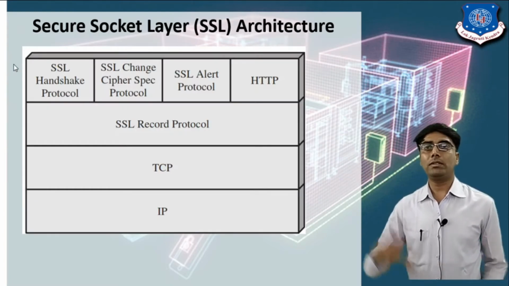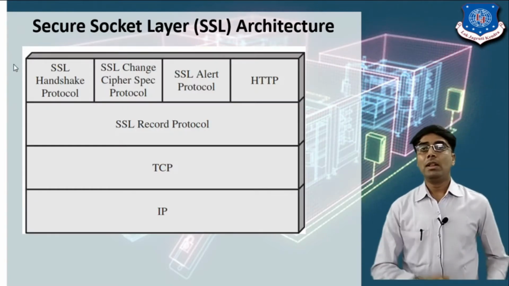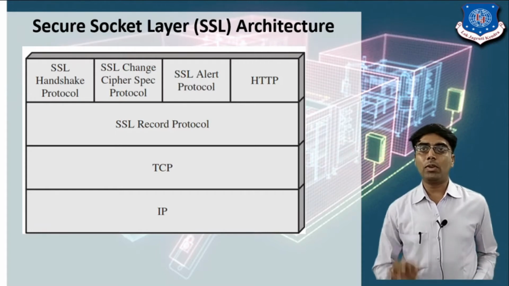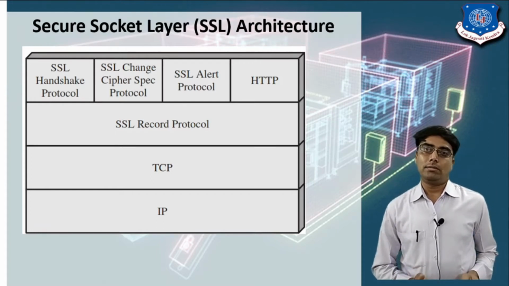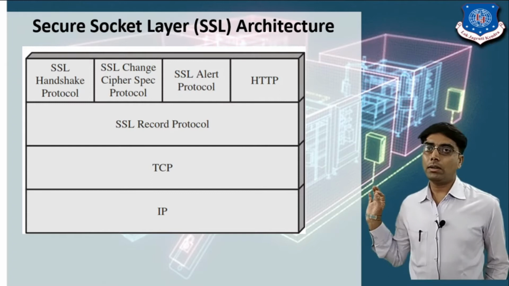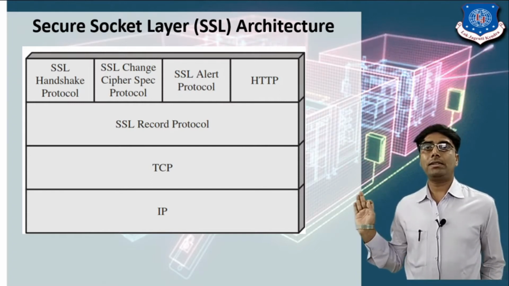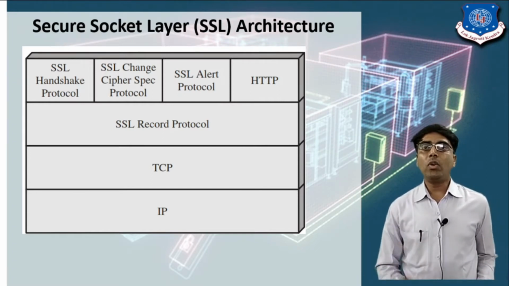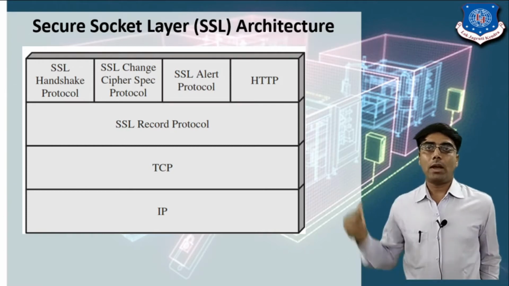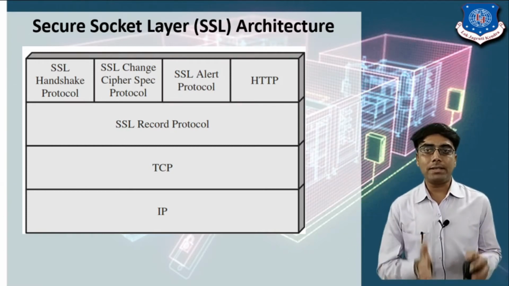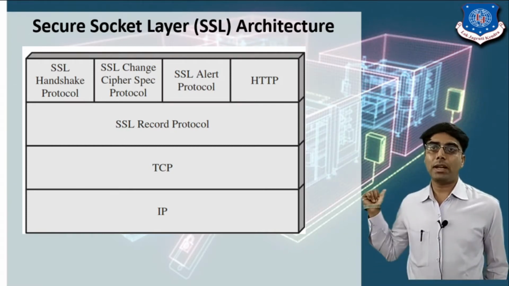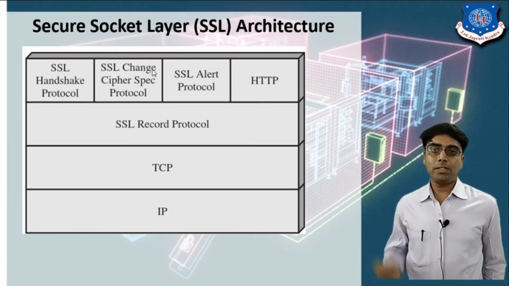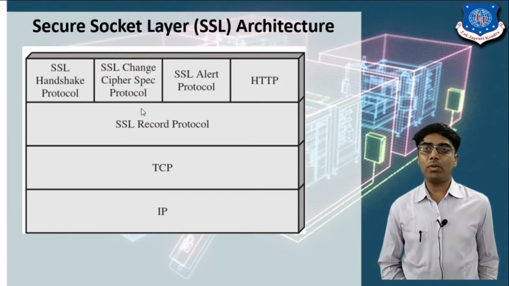Now here, you can see in this figure, SSL has four different protocol layers. The first layer is called the SSL handshake protocol. Second is called the change cipher-spec protocol.